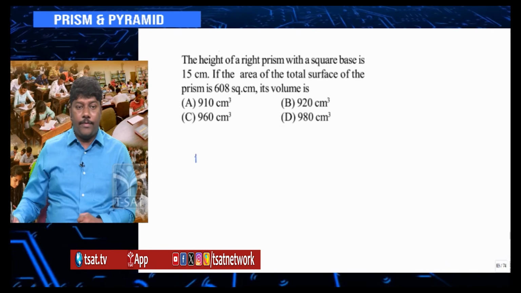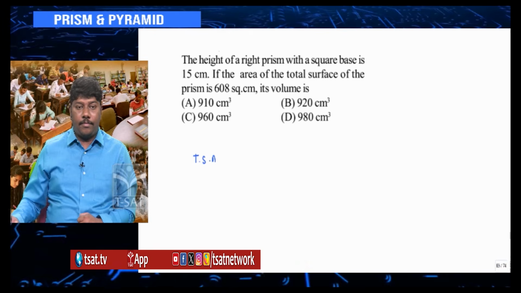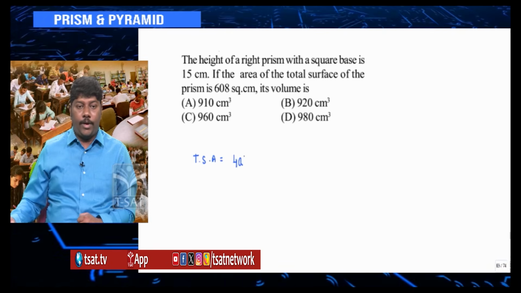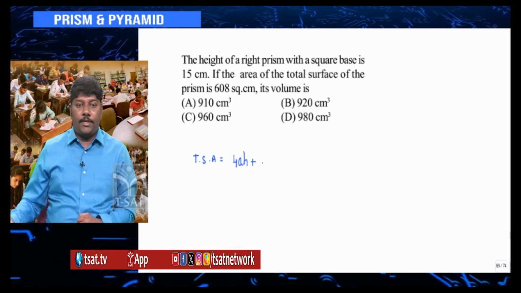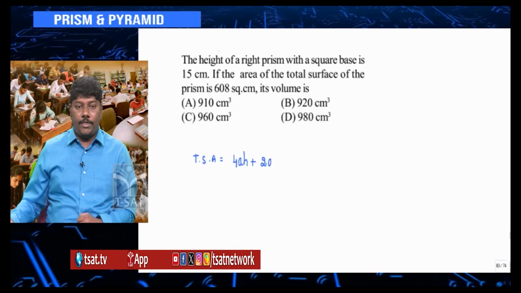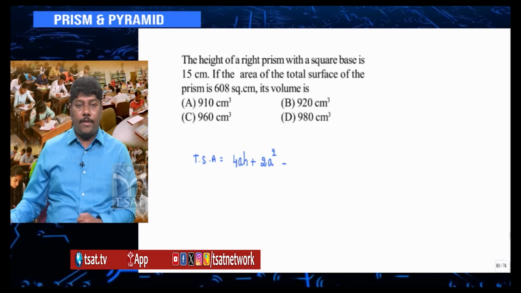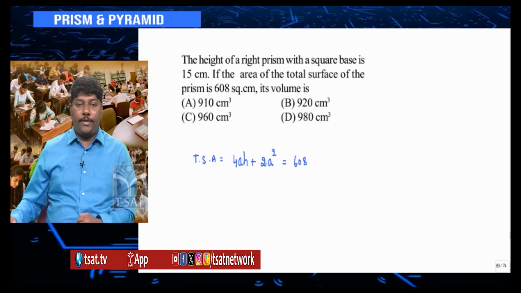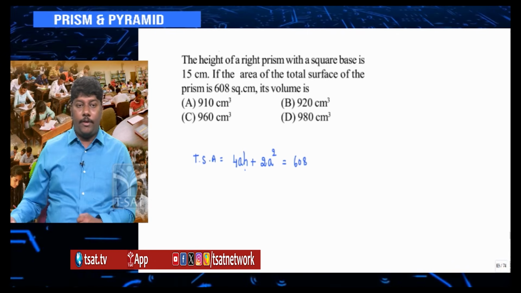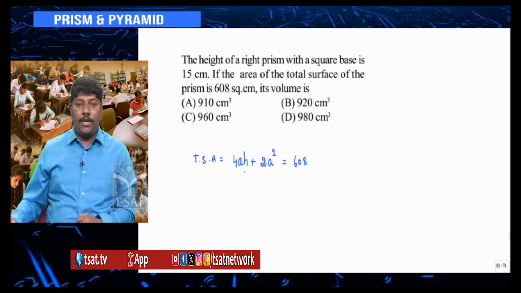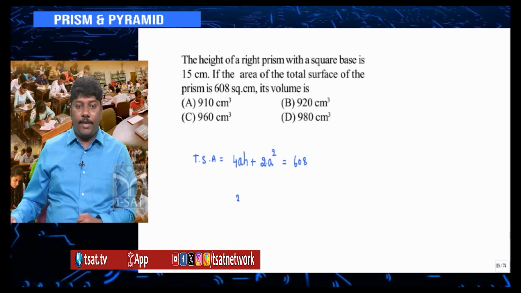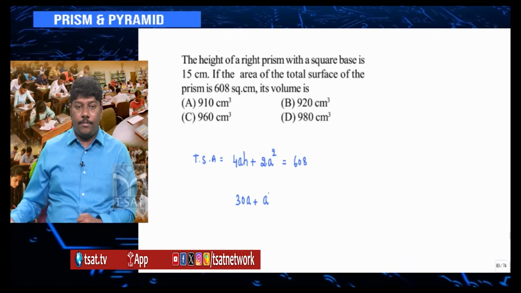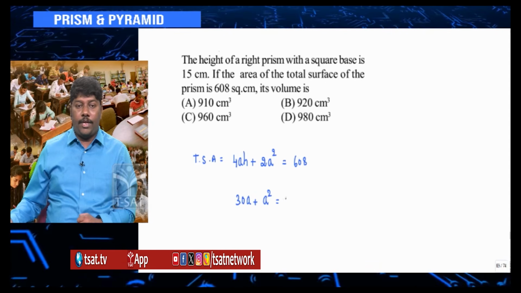We know the total surface area is the perimeter of the base, which is 4a, into height h, plus 2 into the base area, which is 2 into a square, the area of a square, equal to 608. Substitute the value of h, which is 15, and divide everything by 2. So 15 into 2 is 30a, and 2 is gone from a square, equal to 304.